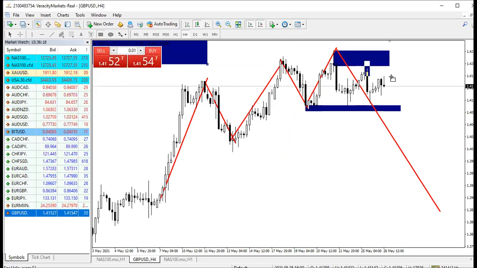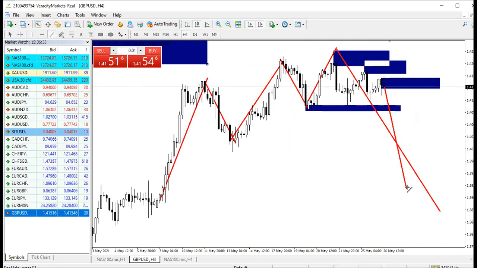We have another big candle, is no longer fresh. We'll wait for it to form another big candle in this zone. If it can form a big candle that will break this zone, meaning we'll be expecting GBP USD to do this, to come to this zone.